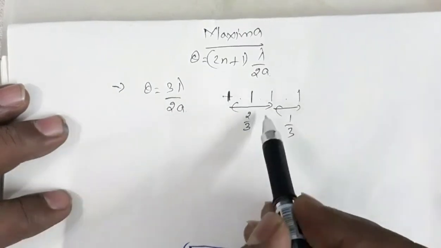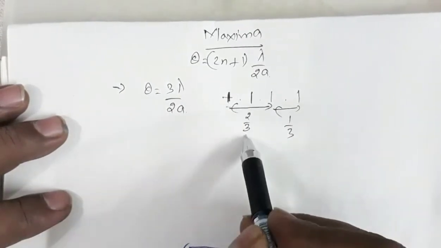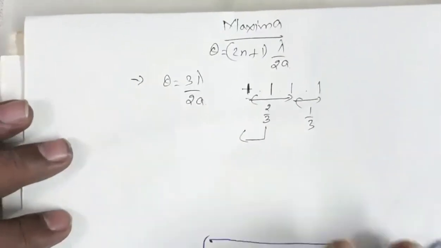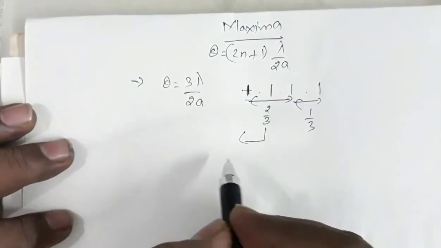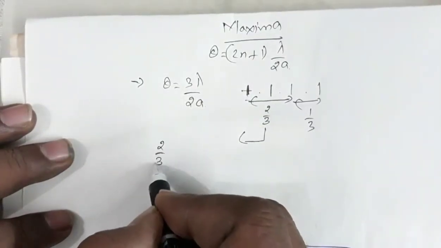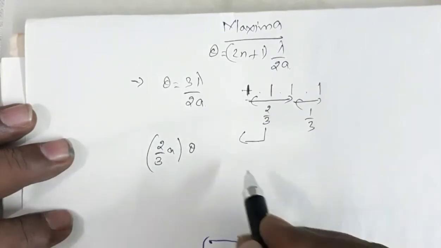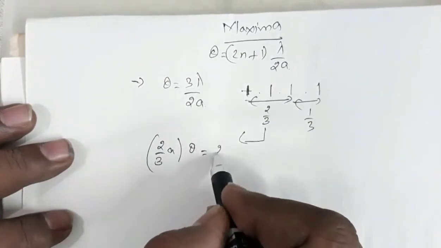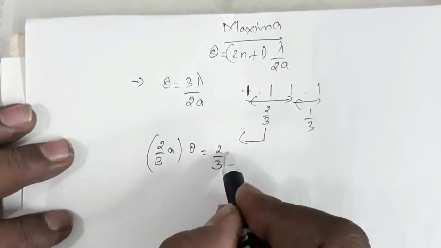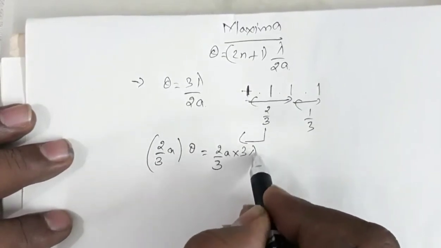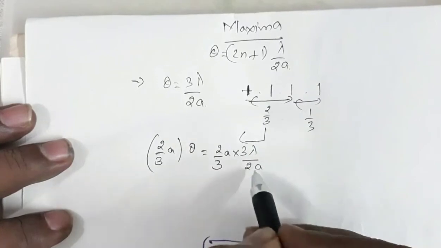For the 2/3 part, what will be the path difference? 2 by 3 into a into theta. And theta is equal to 3 lambda by 2a, so 2 by 3 into a into 3 lambda by 2a.